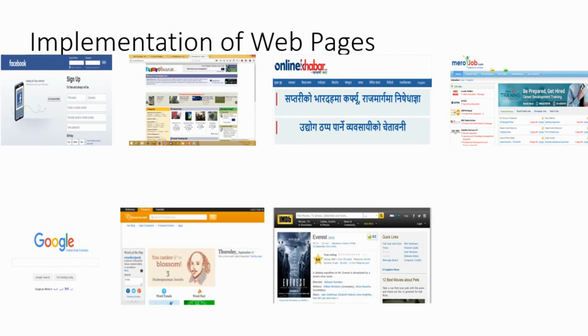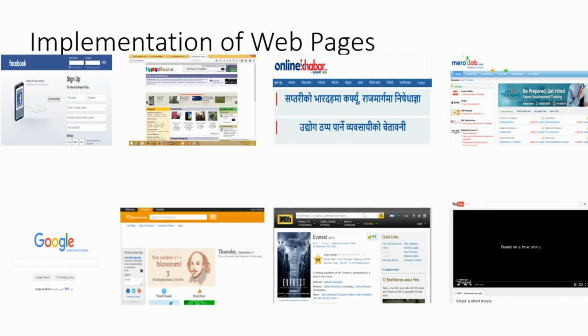For entertainment, you can have IMDb, and finally there is YouTube for a video sharing website. I have shown you a variety of website examples in order to show we can have web development in different sectors. In short, we have a lot of opportunity through web development.